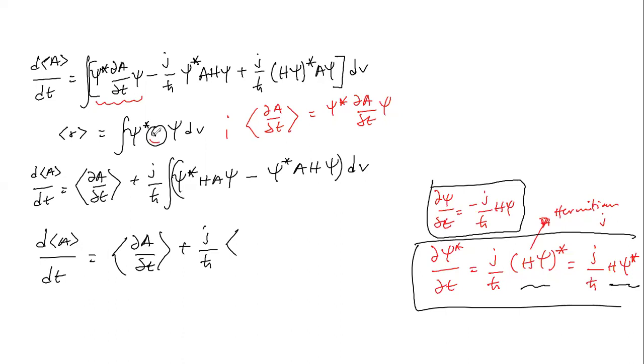So when we plug in that parameter in between the complex conjugate and the state function itself, then we have the expectation value.